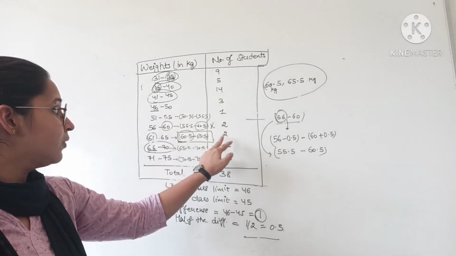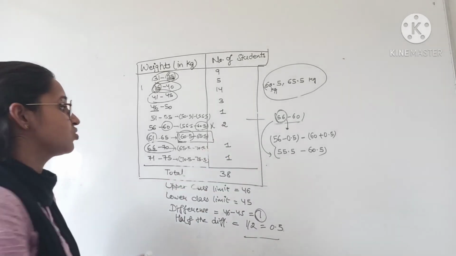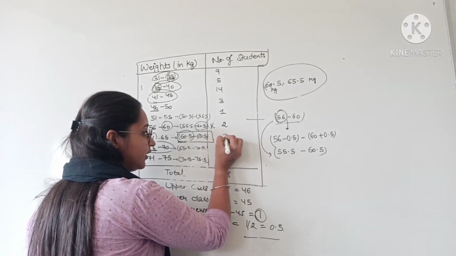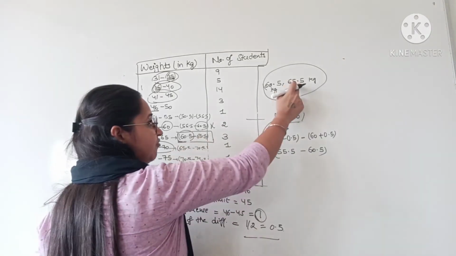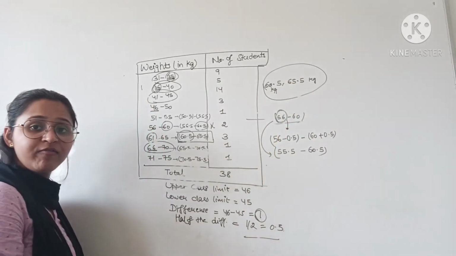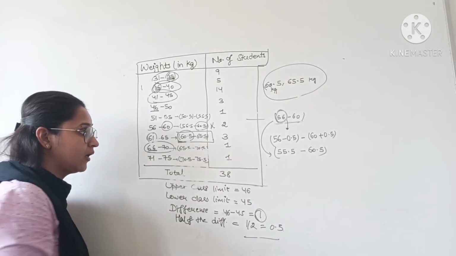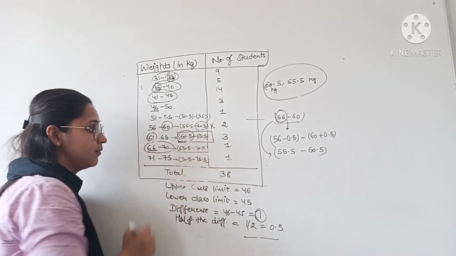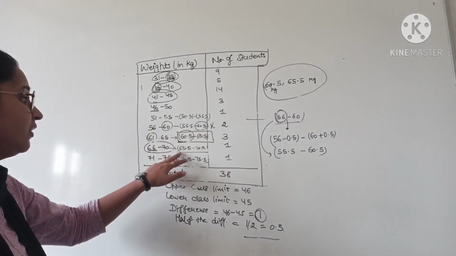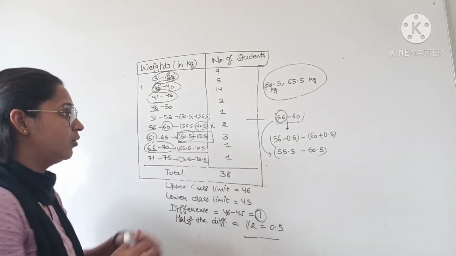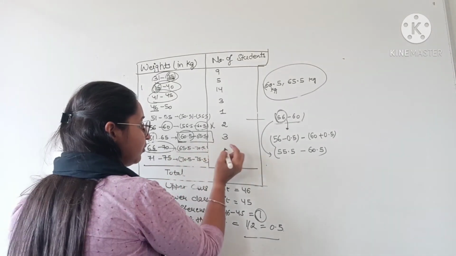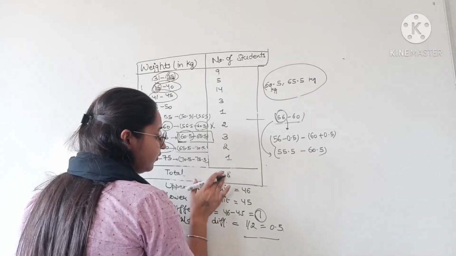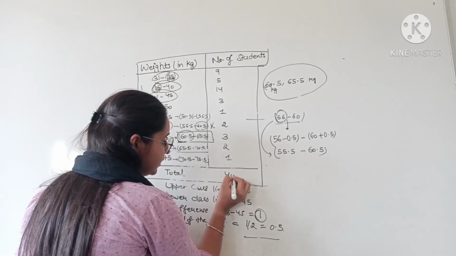So now, in place of 2, the number of students is 3. And now tell me fast, 65.5 kg, where will it be added? It will be added in this interval, because the lower class limit is 65.5. So in place of 1, it will be 2, and we will have 40 students.